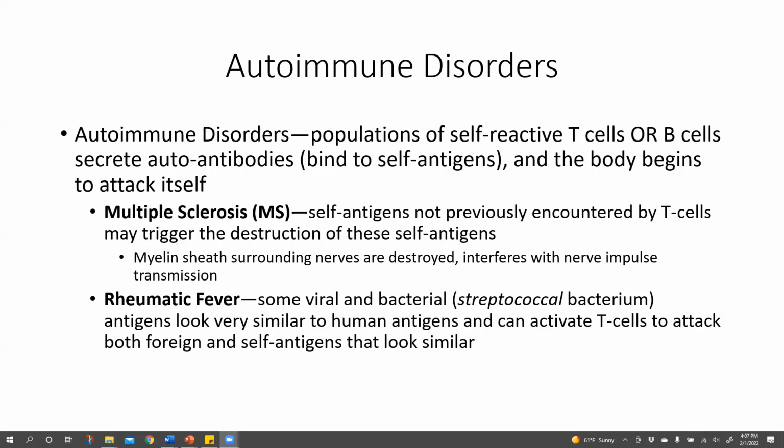But since the foreign ones look so similar to the human ones, the T cells start to attack both the foreign and the self-antigens. So again, we don't hear a whole lot about rheumatic fever. I just think it's kind of interesting that the viral and bacterial antigens look very similar to ours. And so it's almost like the T cells can't really distinguish between the two, so they just attack everybody.